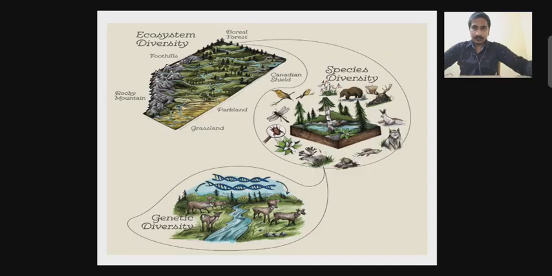Here you can see a pictorial representation of the three levels of diversity. First is genetic diversity, where you can see all the deer physiologically appear to be the same, but genetically they are different, and no two individuals are similar. For example, we human beings: in your classroom you might observe various students, boys and girls.